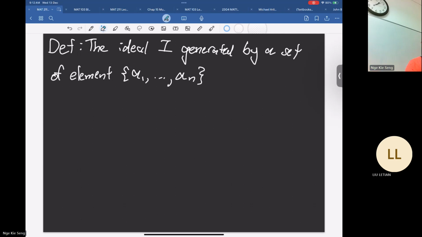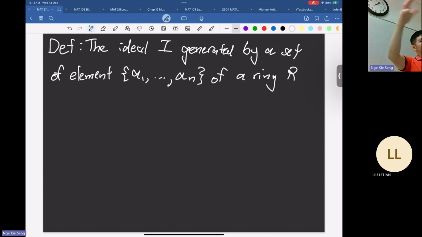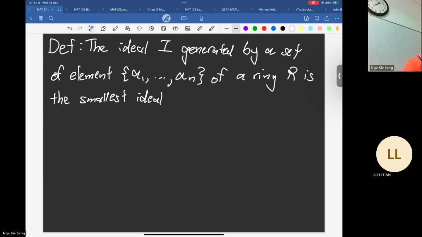If I have a set and take all the multiples, all the combinations of it, what is this? It is the smallest ideal that contains those elements. We need to be mathematically workable with this definition.